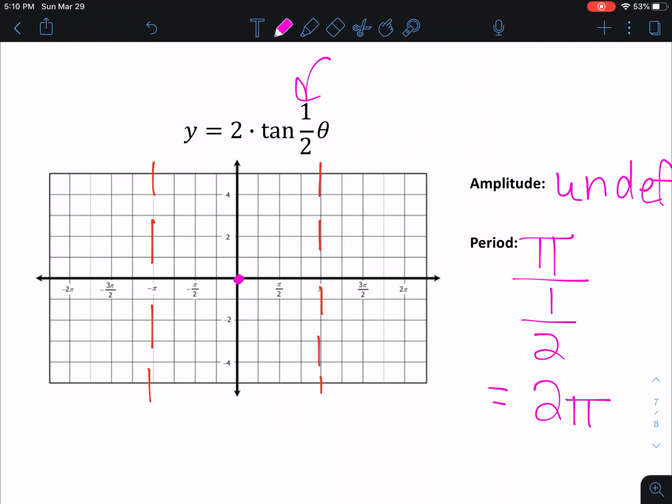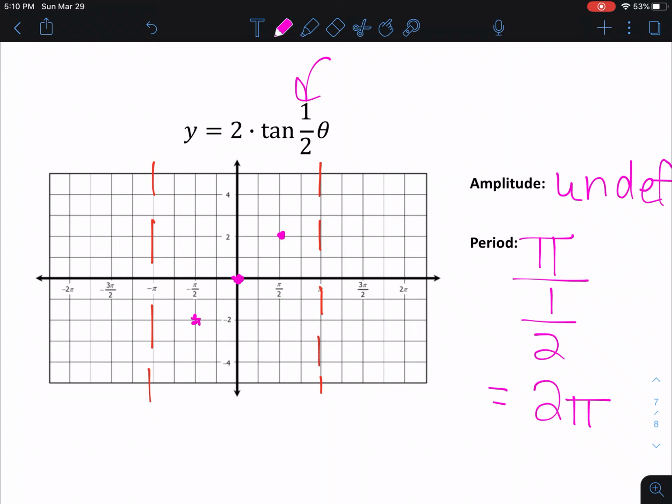Okay, so now in between, the start here is 0, and at my first asymptote, I should be at 1, usually. Well, now that's multiplied by 2, so I'm going to be up here. And same thing going to the left of the y-axis at negative pi over 2, I should be at -2.